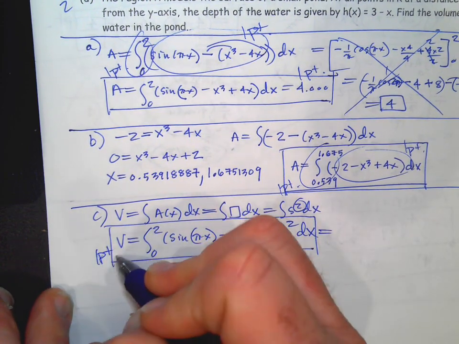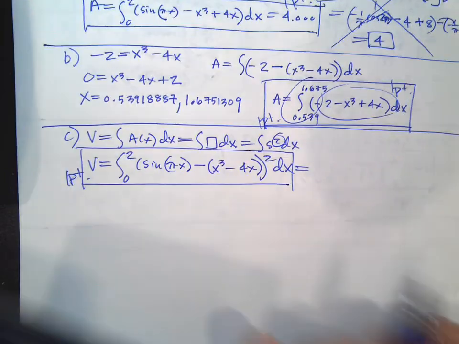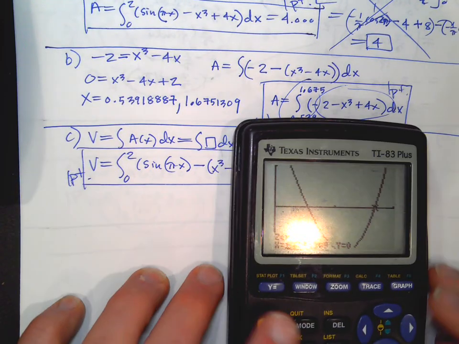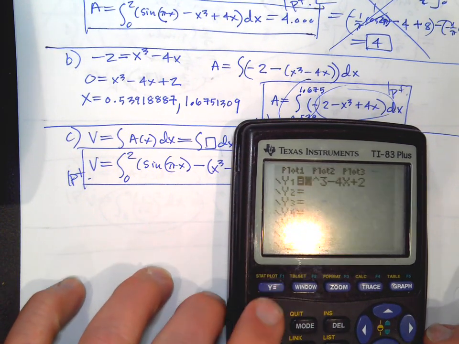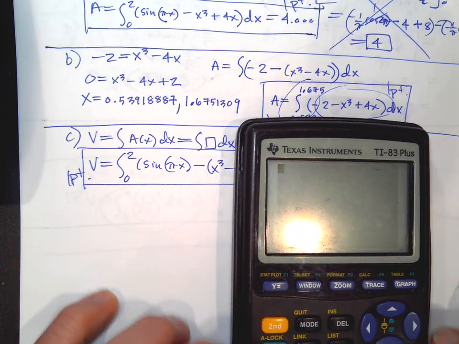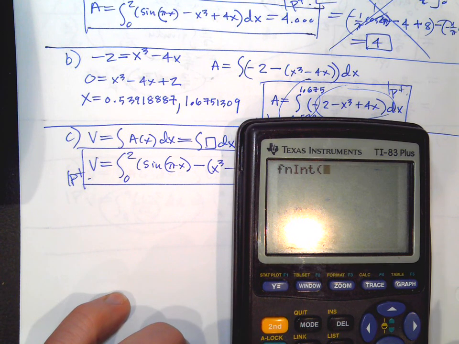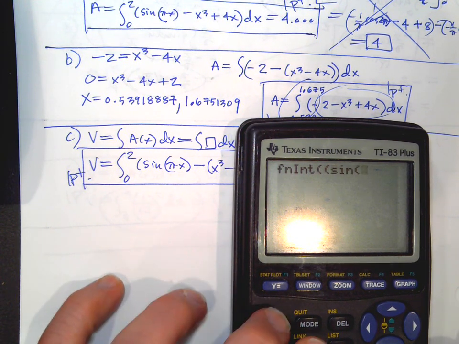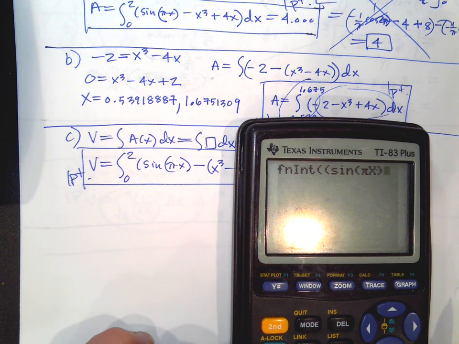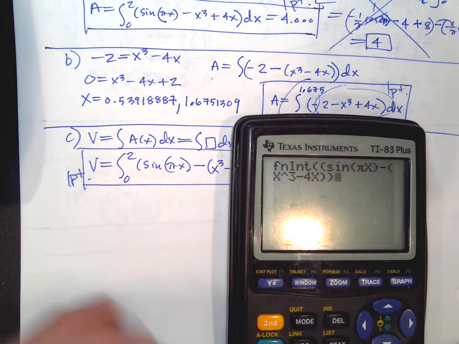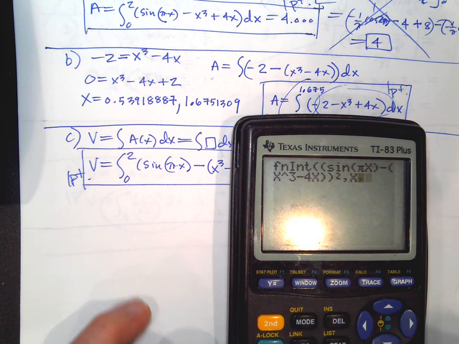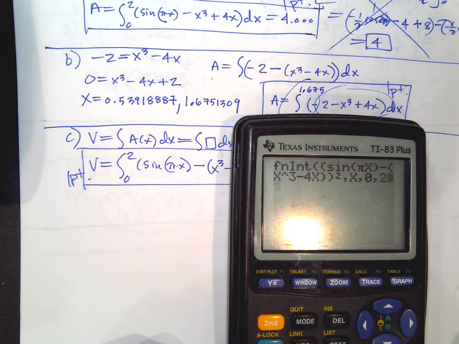And then use your calculator to get the answer. So I'm going to do math 9, parentheses, sine pi x, close parentheses on the sine, minus parentheses, x to the third, minus 4x, close parentheses, close the outer parentheses, squared, comma x, comma 0, comma 2.